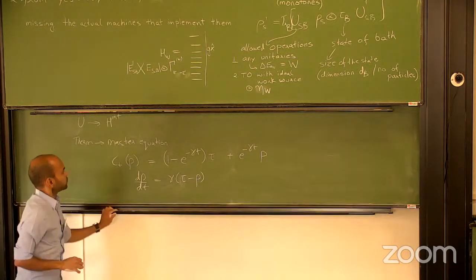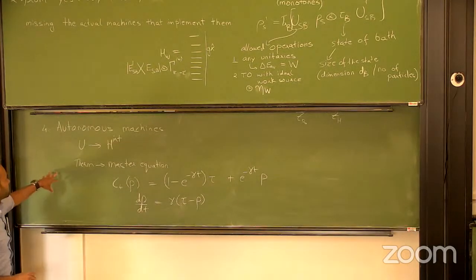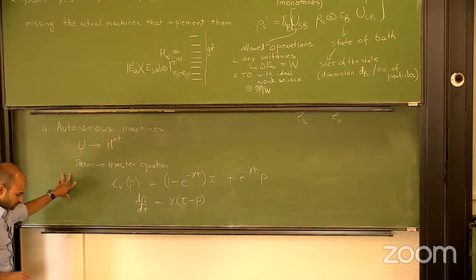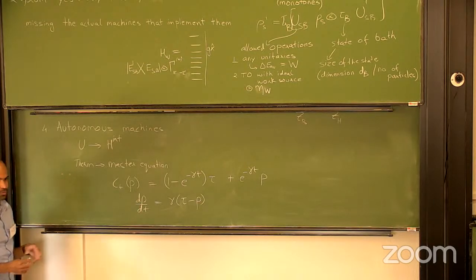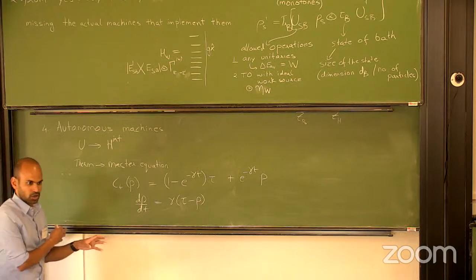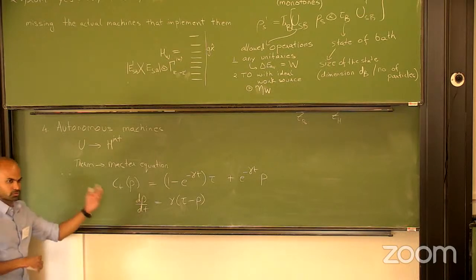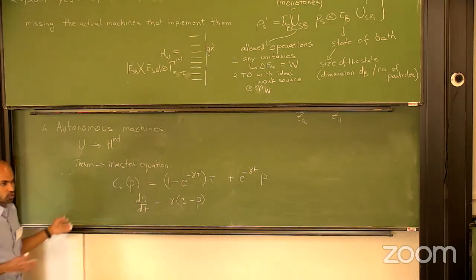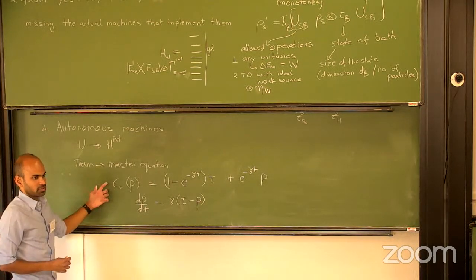So the advantage of the autonomous machines is that all of the questions regarding the cost of arranging all this sequence of operations go away. You reset the thermal state, then you bring a unitary, reset the thermal state, do a unitary. All of those go away because you simply switch on the machine at one point, and then you just let it run.